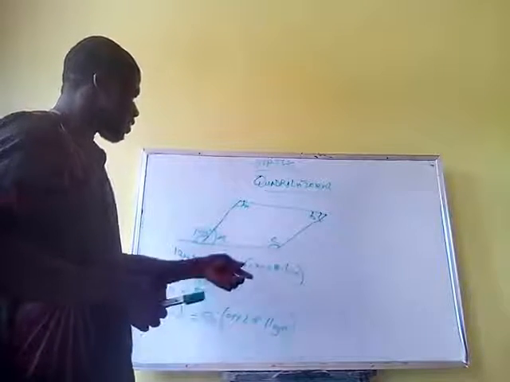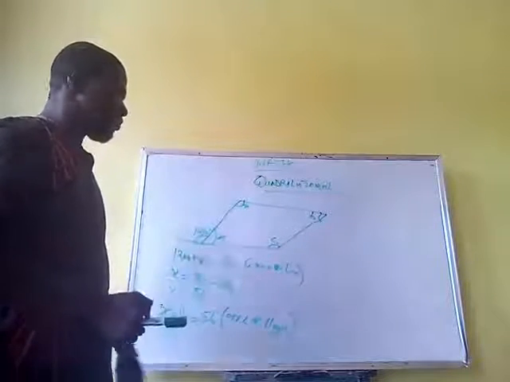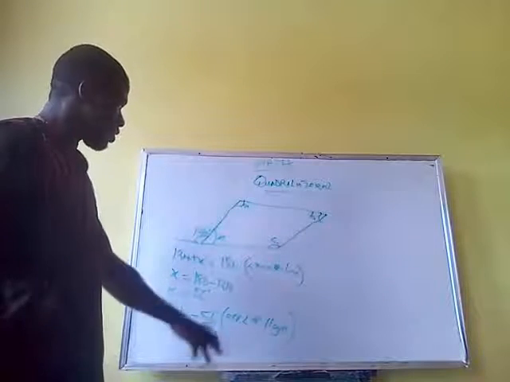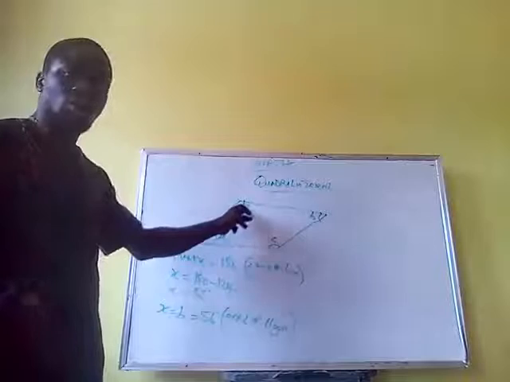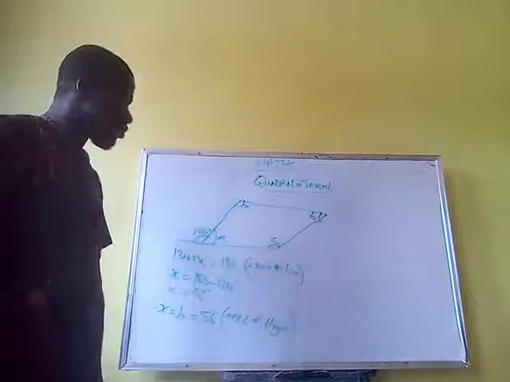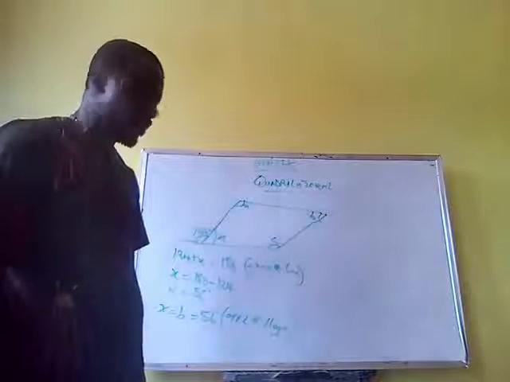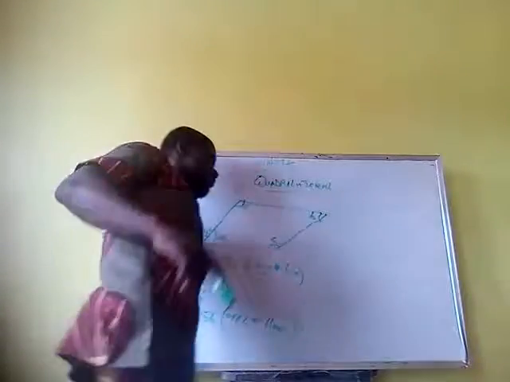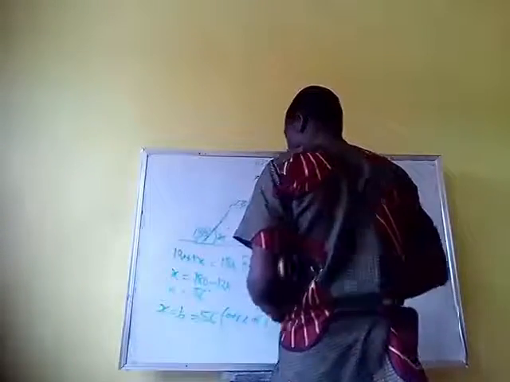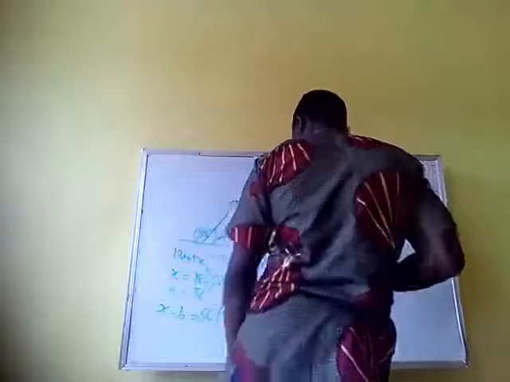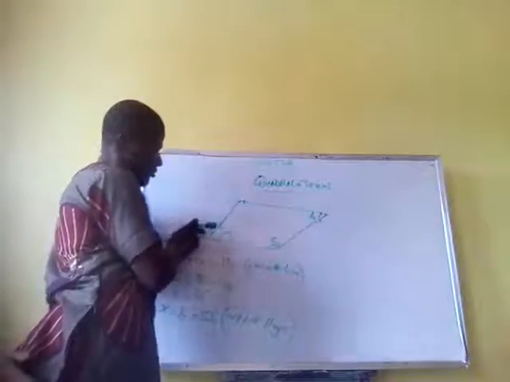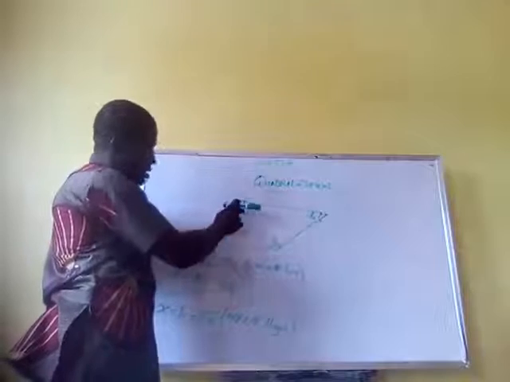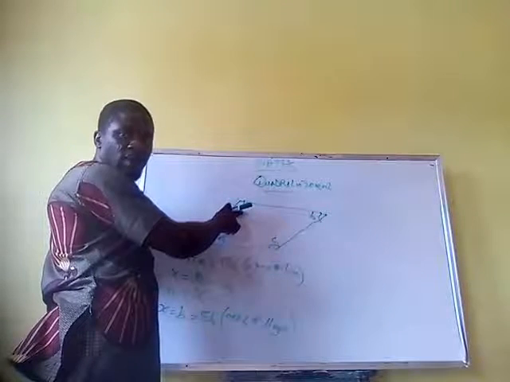Now, like we did initially, we know this one is 56, and here also co-interior angles. There's not even need of alternate angles. This is equal to this, alternate angles.